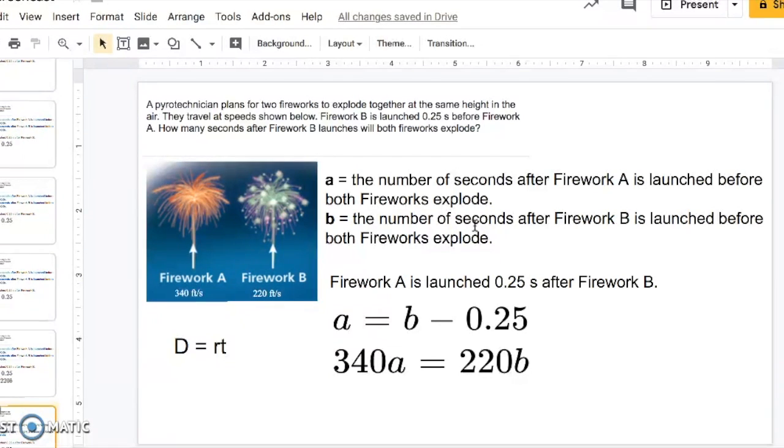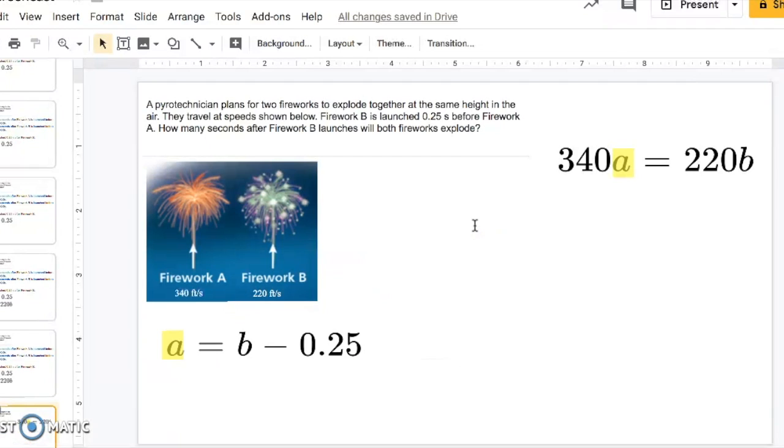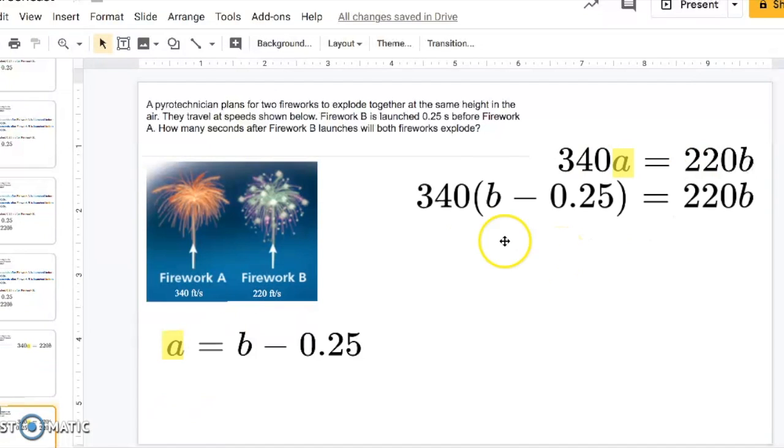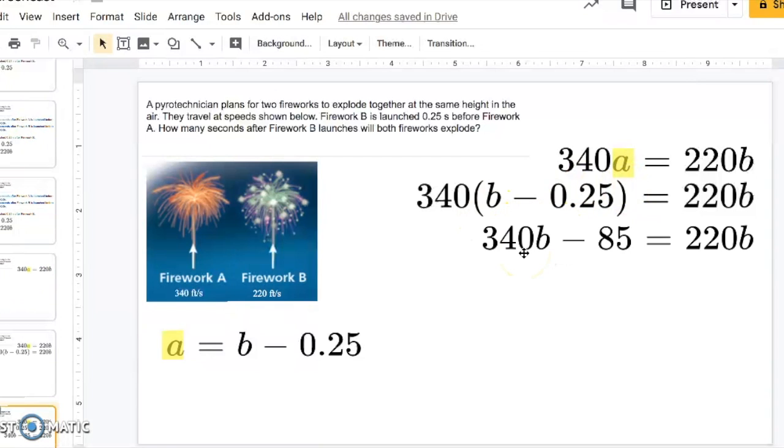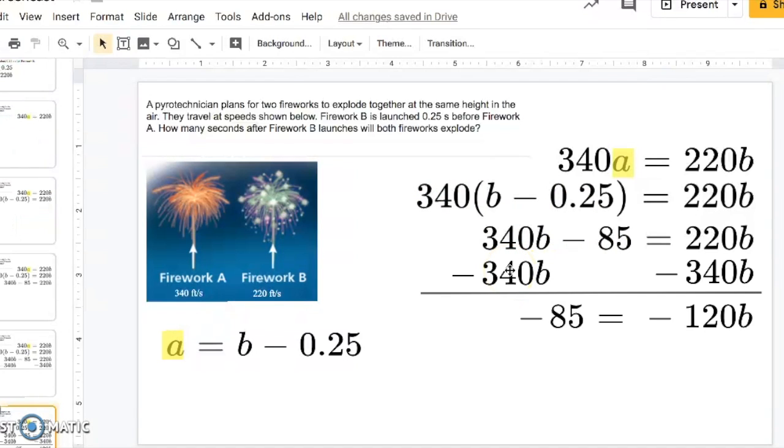So now we have both of our equations. So now we could take our first equation that's solved for A and replace it with A in the second one. We could substitute it in. So we can take A out and replace it with B minus 0.25. We distribute 340 and we get 340 times 0.25, and we get 85. Subtract 340 from both sides, we get negative 85 equals negative 120b.